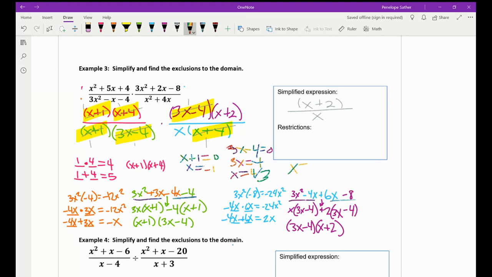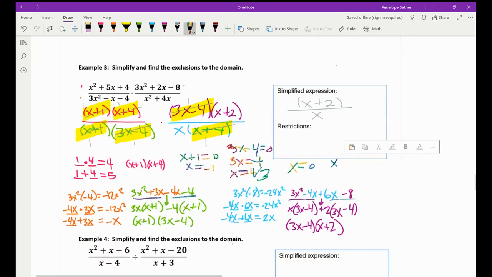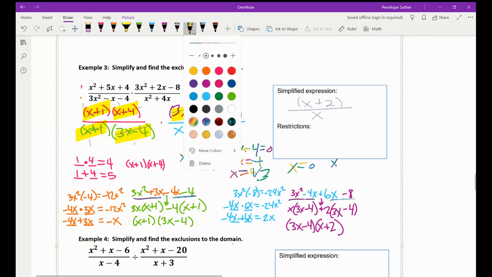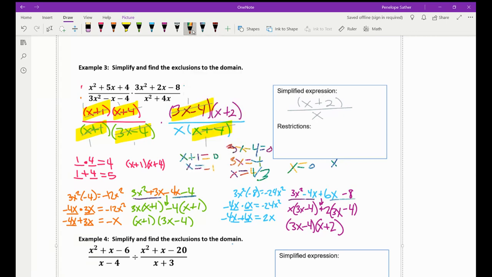So, of course, if you set x equal to 0, that's 0. And then if x plus 4 is equal to 0, x is not going to be negative 4.